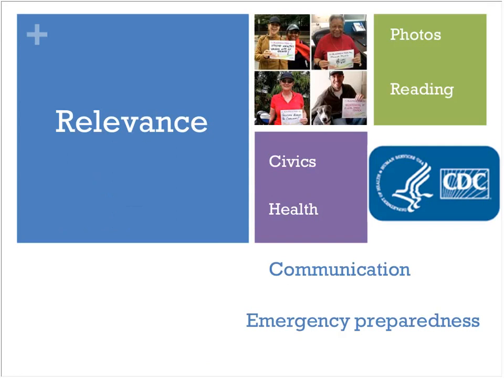Let's look at relevance. Why go online? What can you tell seniors that you're working with? You go online because that's where the information and friends are, right? You can communicate with family and friends, share and see photos, read for pleasure, engage in community news and find local civic, house of worship, and senior-focused events.